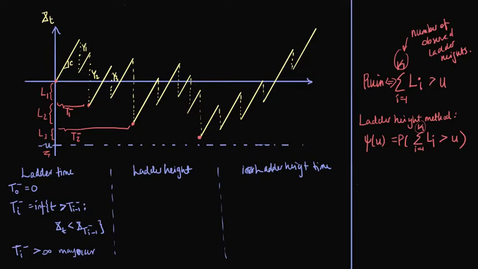Now to ladder height. Ladder height is well defined if the ladder time is well defined. So we have to write here, if ti minus is indeed smaller than infinity, then the ladder height is well defined, and the ith ladder height is given by the difference of x at the ith ladder time and x at the previous ladder time.